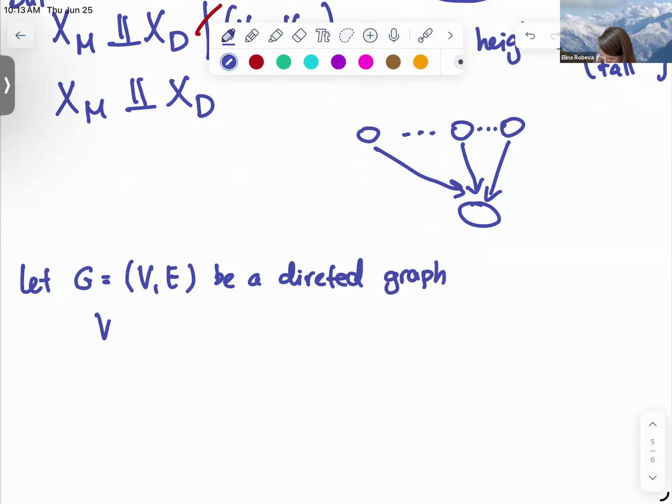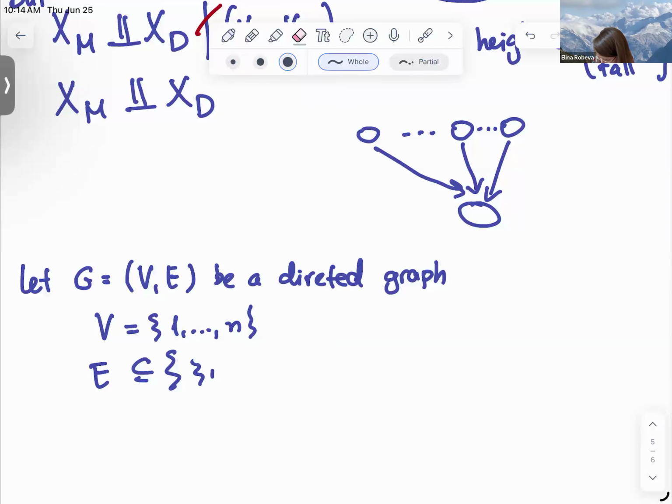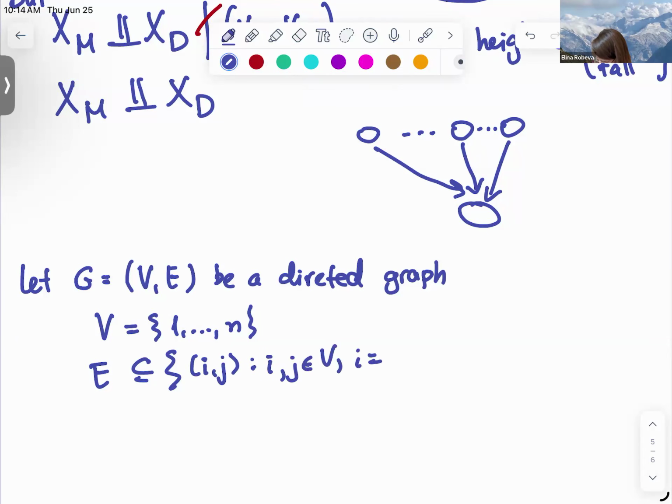Here V is the vertices again, say 1 through n, and E are now directed edges, a subset of ordered pairs (i, j) such that i and j are in V and they're different.